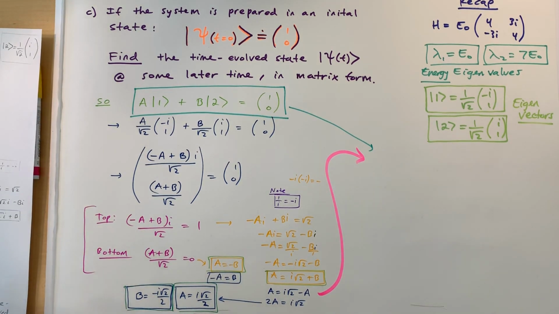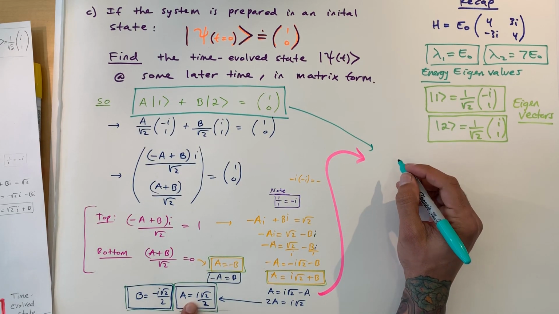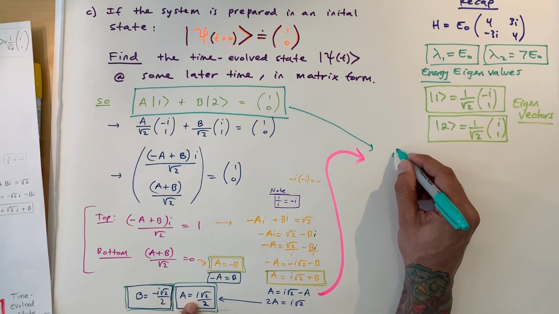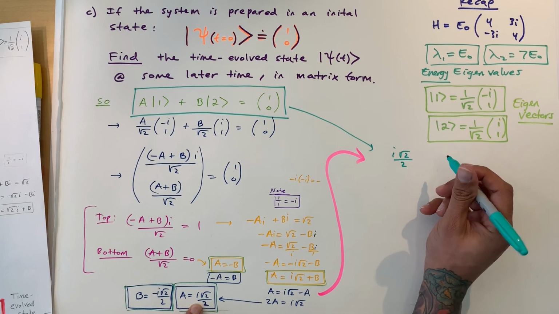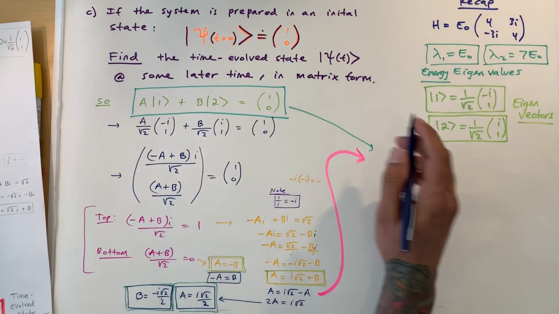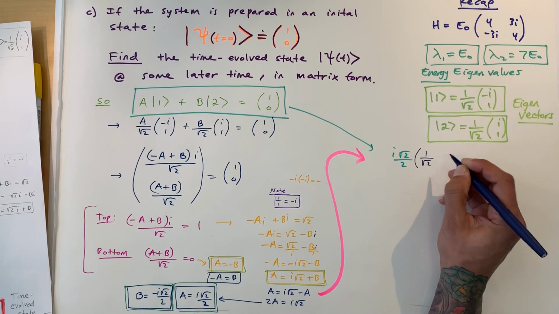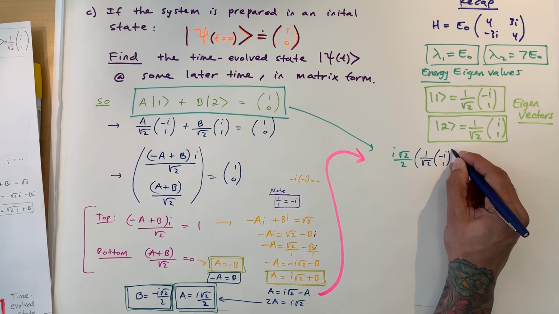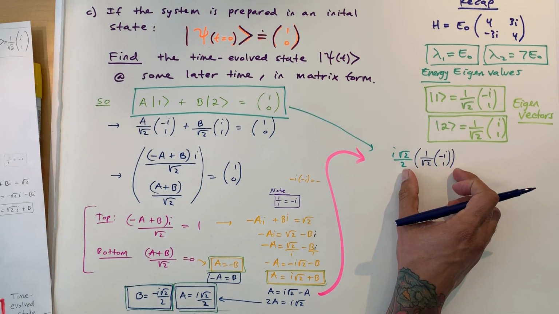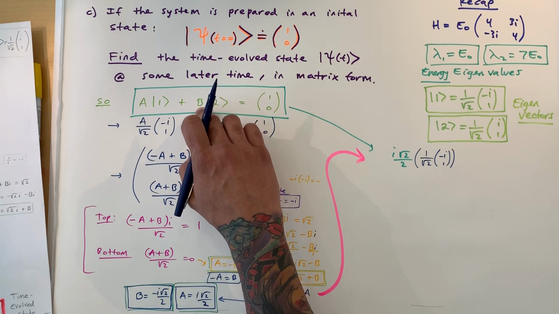All right, so let's do the A first, and that's gonna be i square root of 2 over 2, all right? And then let's do the state vector 1. We have 1 over square root of 2, negative i, 1, and now we have the second part, which is plus B.